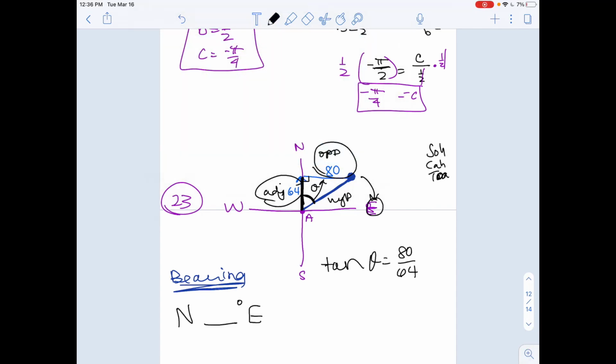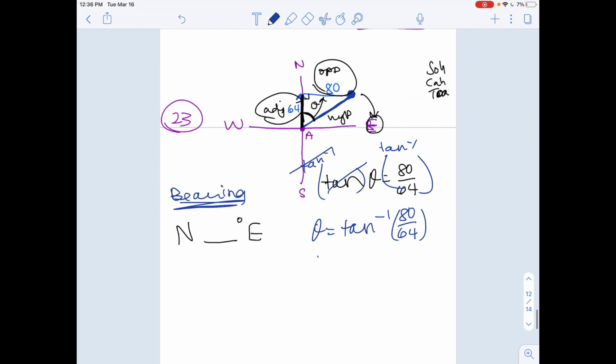I want to get theta by itself, so I'm going to take the inverse tangent of both sides. We get theta equals the inverse tangent of 80 over 64. If we plug that into your calculator, make sure you put your mode into degrees if you haven't already. So we get the inverse tangent of 80 over 64, and we get 51.34 degrees. So we say north 51.34 degrees east.